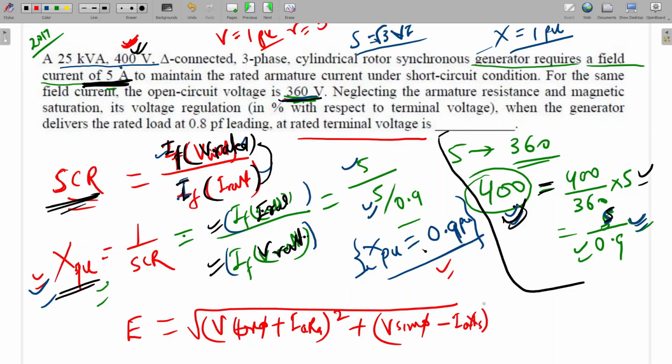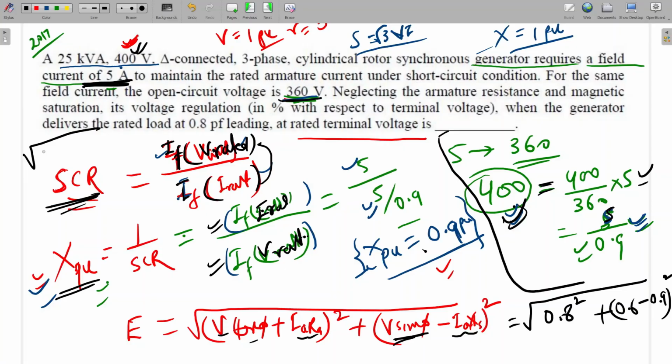V is 1, cos phi is 0.8, RA is 0, so 0.8 whole square plus V sin phi, which is 0.6, minus IA X. IA is rated, so 0.6 minus 0.9, X is 0.9, whole square. So it will be 0.8 square plus 0.3 square. This will be the value of E.